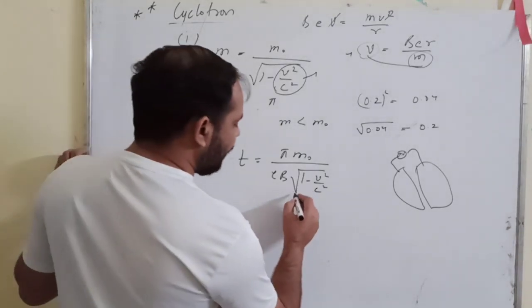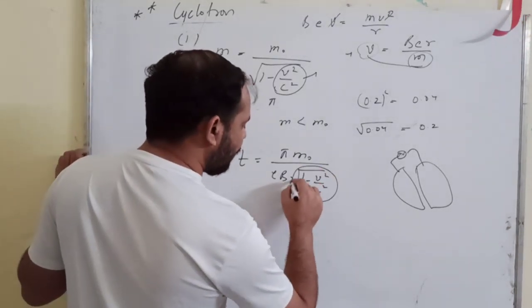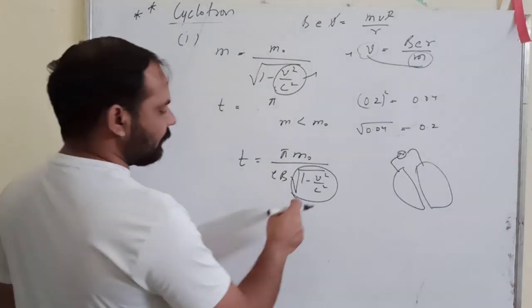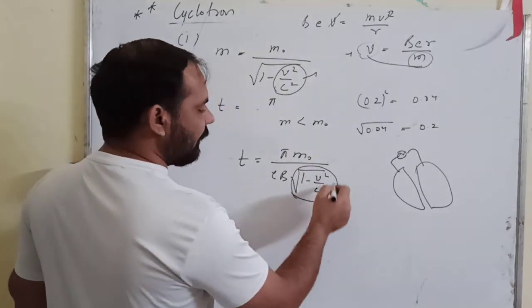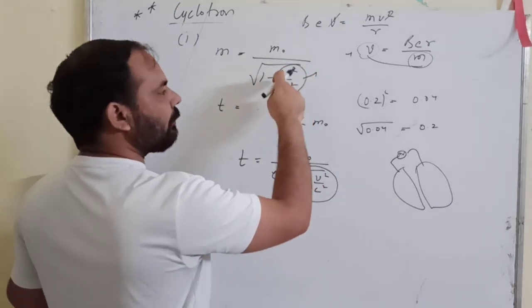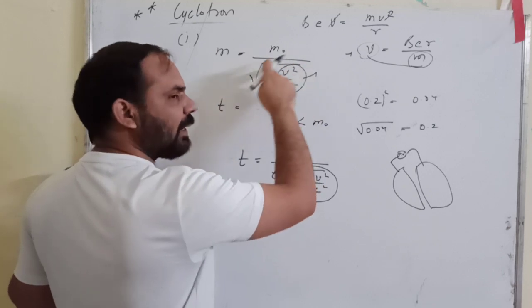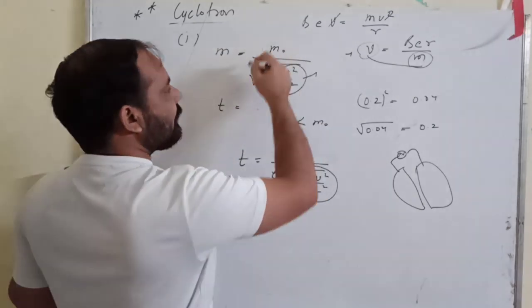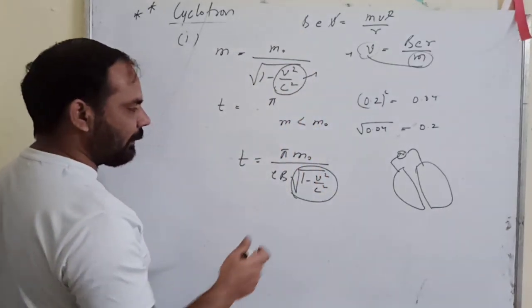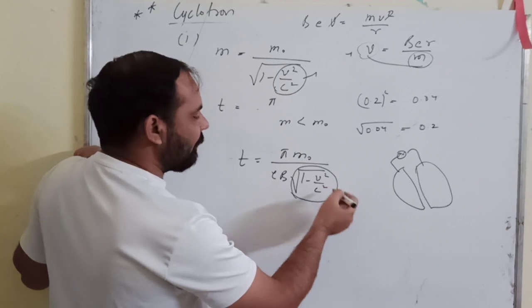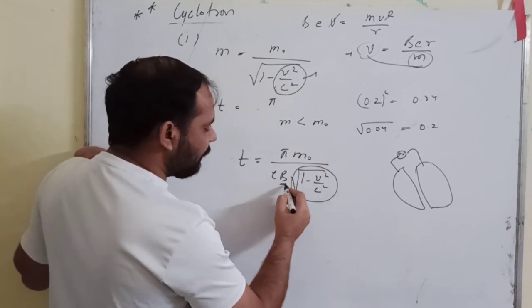Now, as I told you, if v will increase, this part will increase, 1 minus that part will decrease, this square root will increase, and as a result this whole part will decrease. So whatever is the change in this can be equally compensated with this.